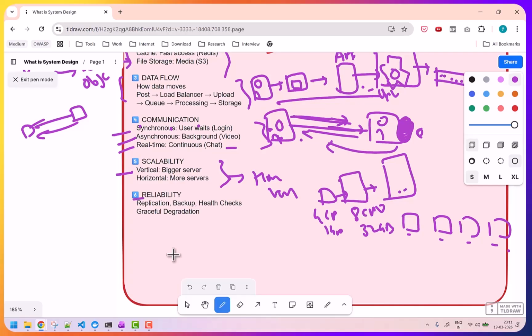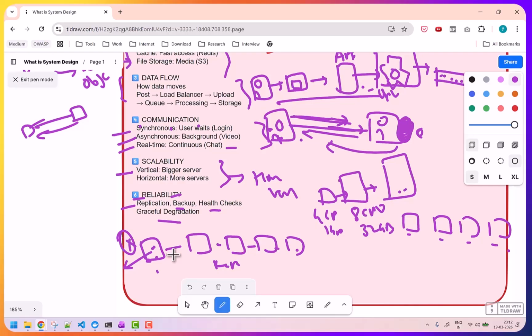Then reliability. When it comes to reliability, we have replication, backup, health checks, and graceful degradation. Replication means: I am writing into one database, but if this is the only database from where the people are reading, if something bad happens here, the entire service is down. So we need to keep replicating the data into multiple places. This process is called replication.